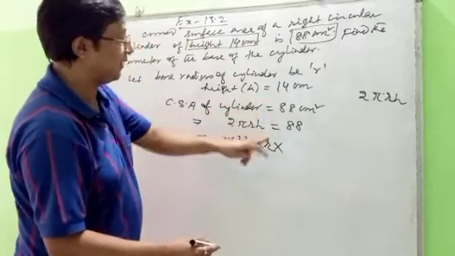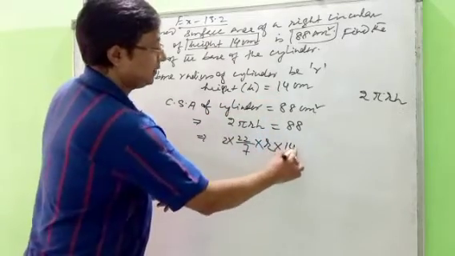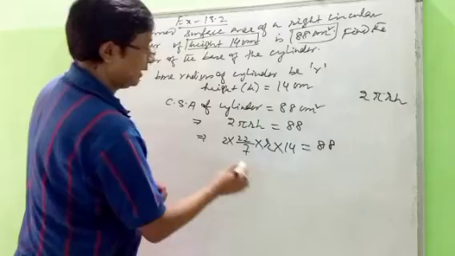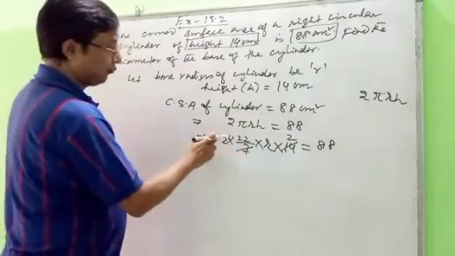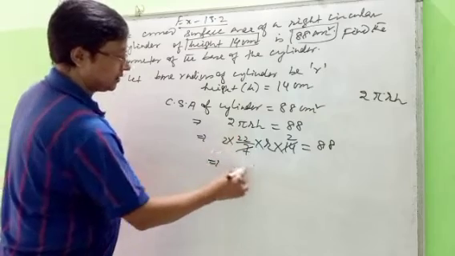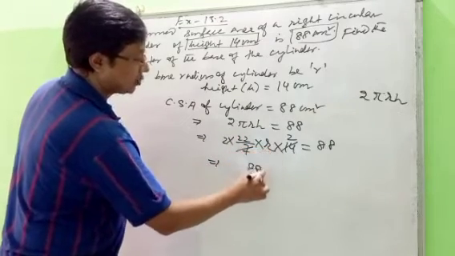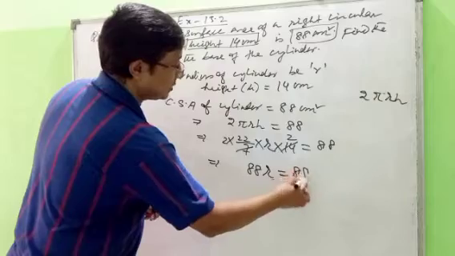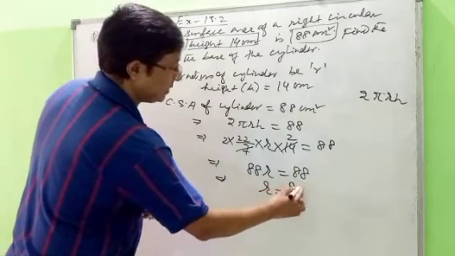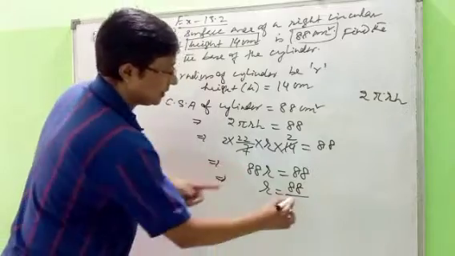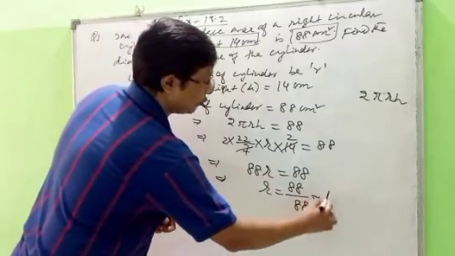So 2 into 22 by 7 into r into 14 equals 88. On cancelling, you get 2 into 2 is 4, and 4 into 22 is 88. So 88 r equals 88, which gives r equals 88 divided by 88. So you got 1 centimeter.